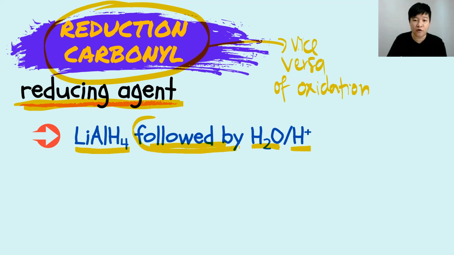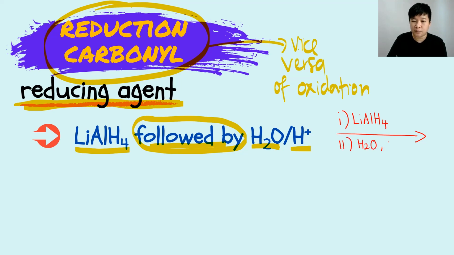What is meant by followed by is when you write on the arrow, you must have Roman 1 lithium aluminium hydride, Roman 2 H2O, H+. That is what we mean by followed by.